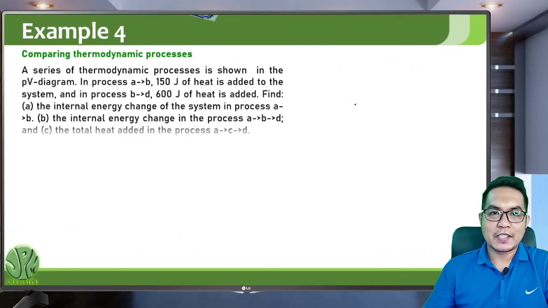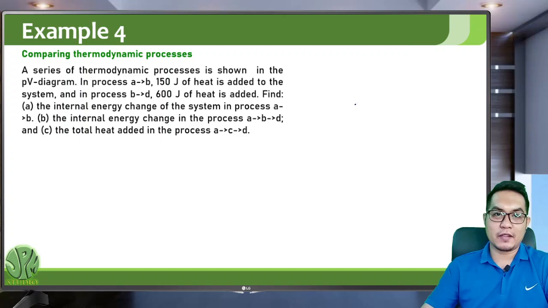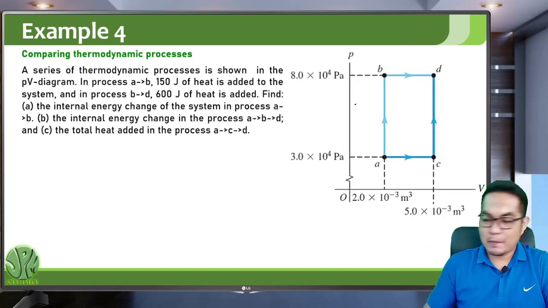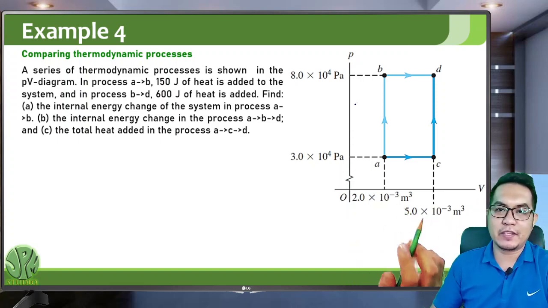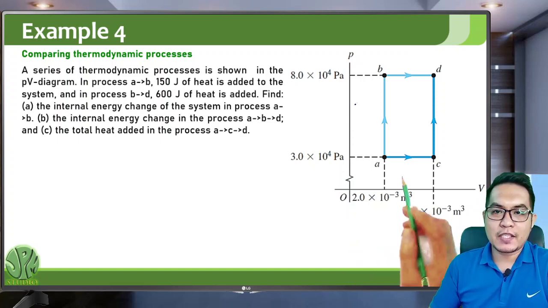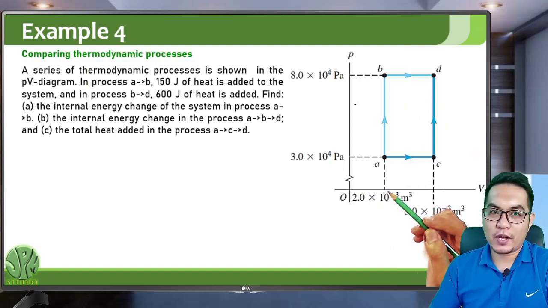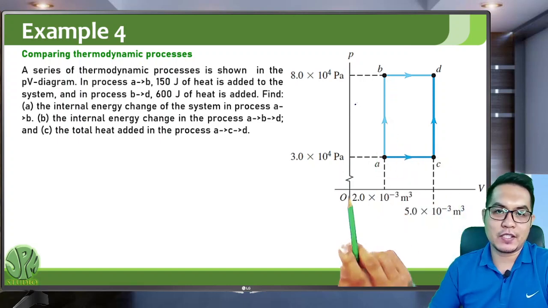So for our last example, this is an example regarding comparing the different thermodynamic processes. A series of thermodynamic processes is shown in the pressure-volume diagram, PV diagram. The process A to B is an isochoric process, and in this process, 150 joules of heat is added to the system.